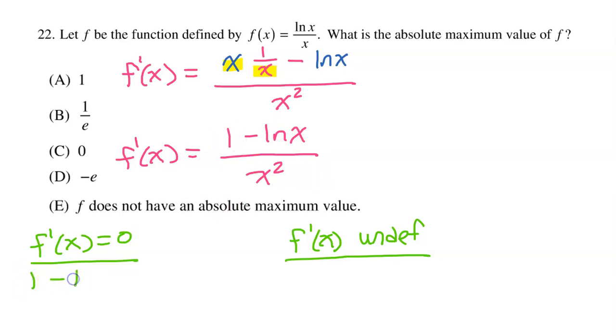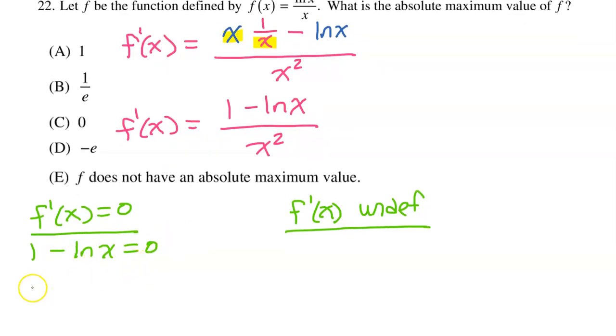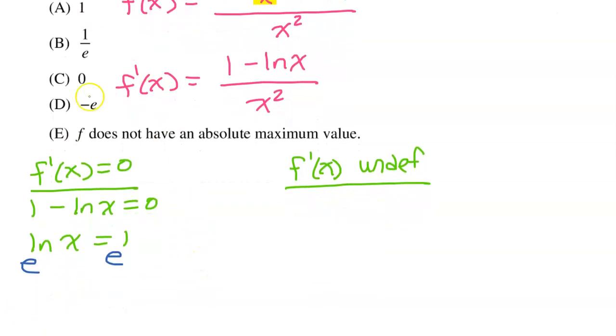So 1 minus natural log x must equal 0. Adding natural log x to both sides, we get natural log x is equal to 1. Exponentiating both sides of the equation, the base e and the natural log x cancel each other out, so we have x is equal to e.